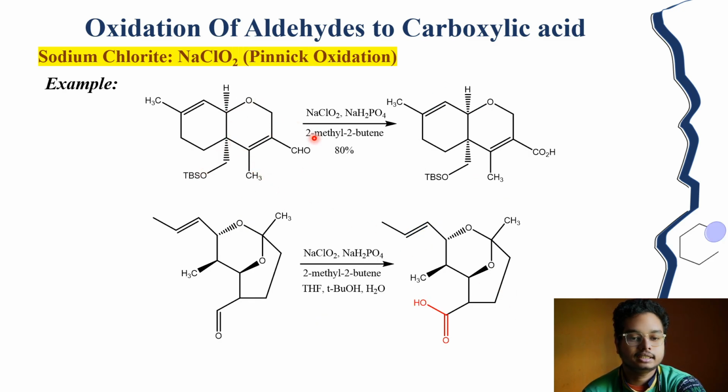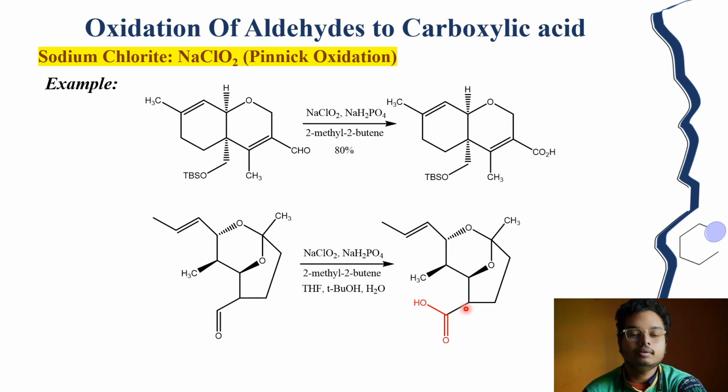As already discussed, here you can find the CHO, the aldehyde group, and it will convert to the corresponding acid. Also in this reaction, here is the aldehyde. You don't have to bother about other functional groups, just find the aldehyde. Under Pinnick oxidation conditions, it will generate the corresponding acid.